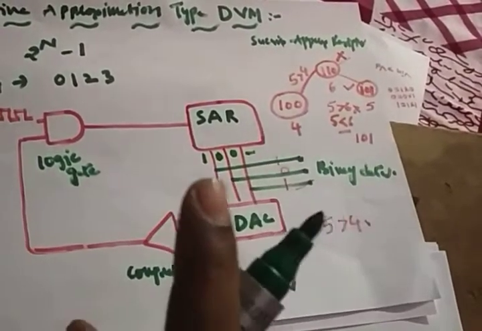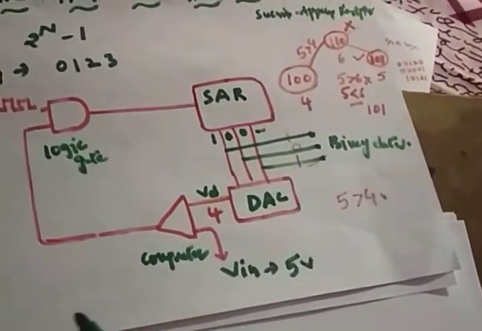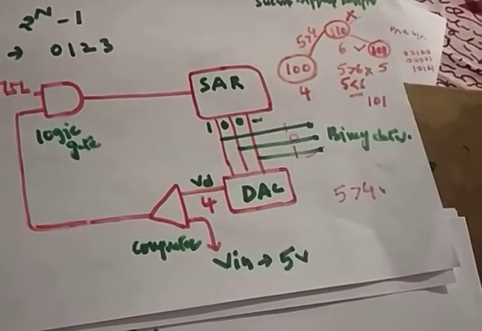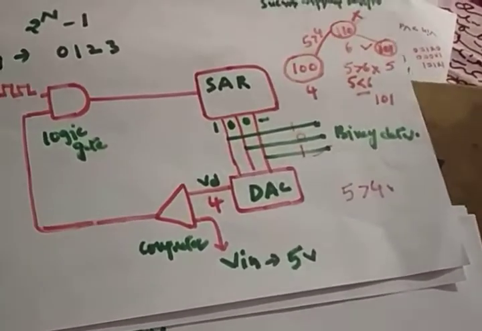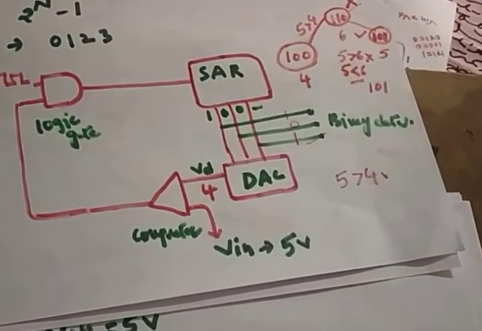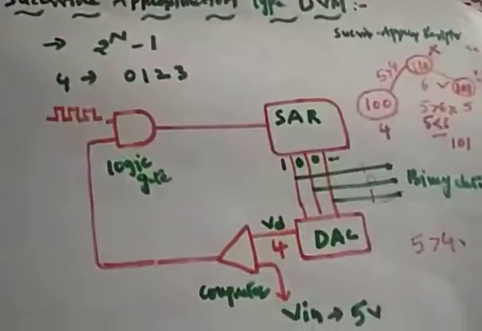The first bit you have to set. So 3-bit means it starts from 0 0 0, but the successive approximation register will set the MSB. So the first value is 1 0 0. Hope it's clear, right? What is the value of 1 0 0? 1 0 0 is nothing but 4.